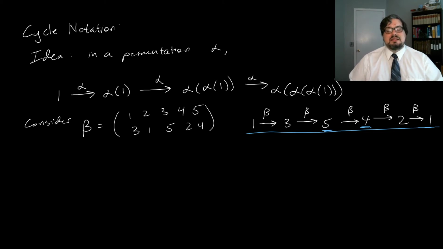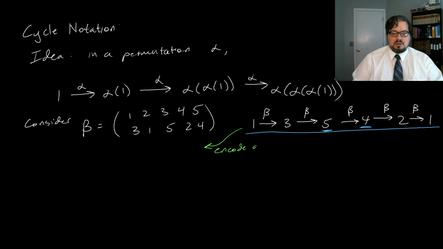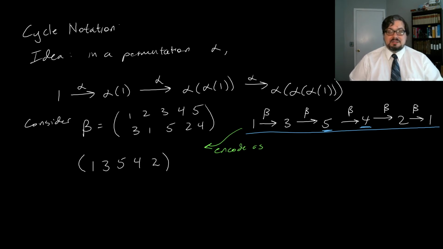And so this is the sort of idea that we want to encode. Now we want to do this a little bit more efficiently here. We're going to encode this in the following way. We're going to open up a parenthesis and we're going to write down the sequence 1, 3, 5, 4, 2, and close parenthesis.